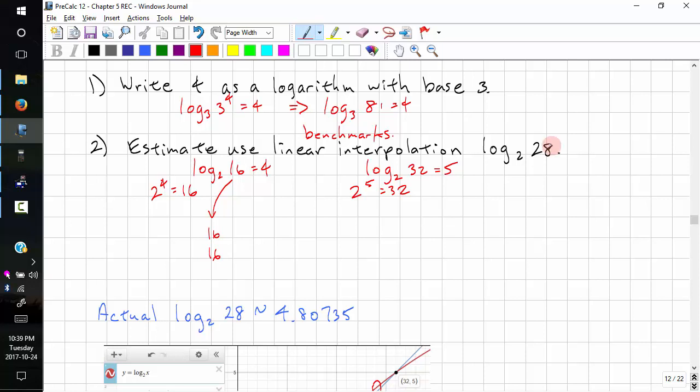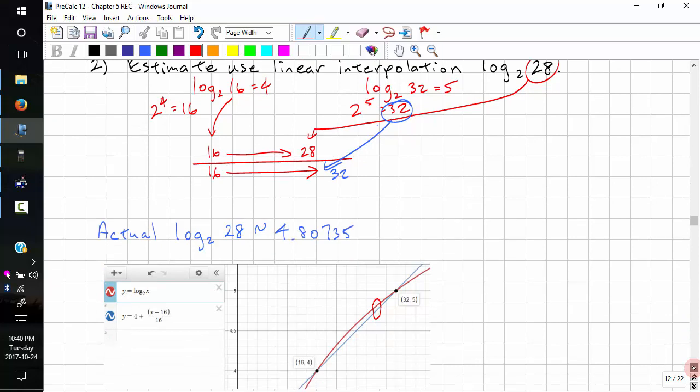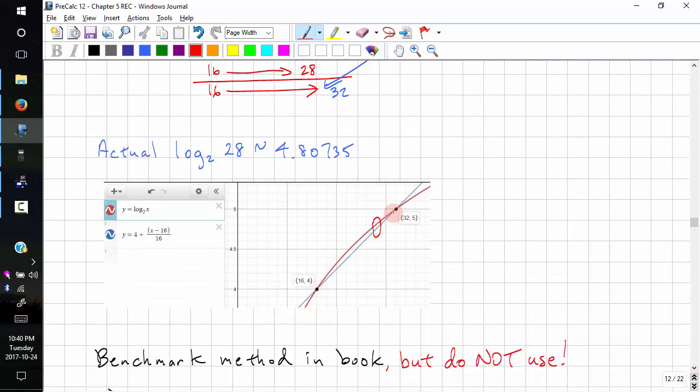We take our 28, that goes over here, and we draw a line. This is the numerator, and we take our 32, and that goes down here. Okay, so we see that we're going up to 28 from 16, and we're going up to 32 from 16.